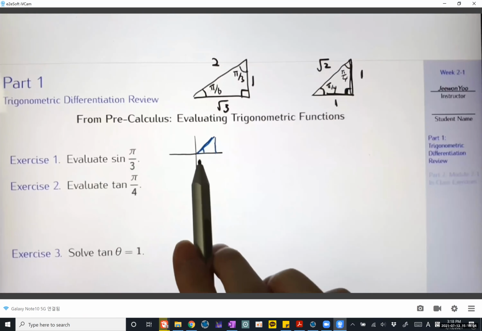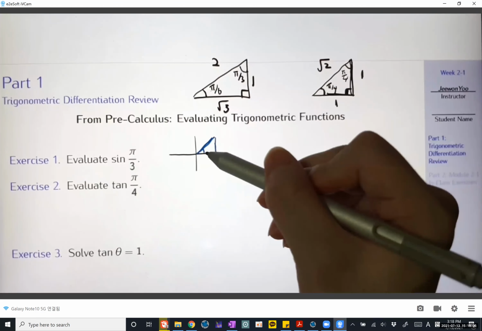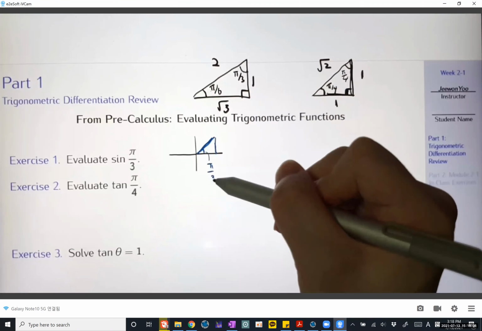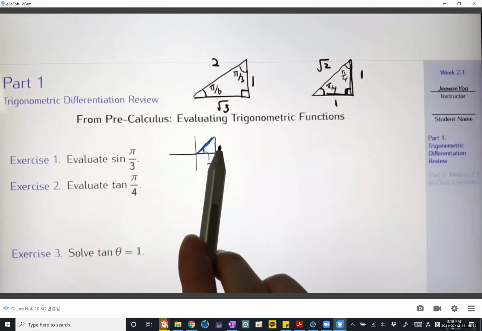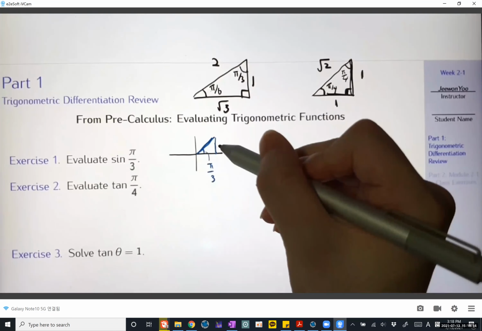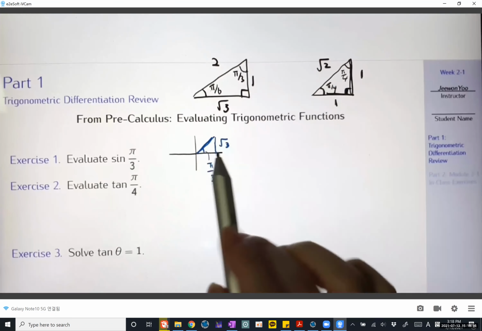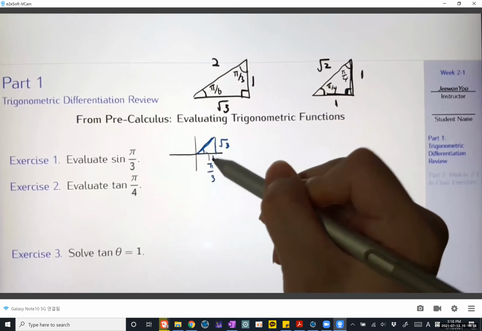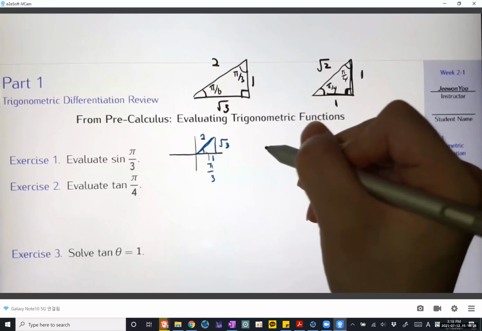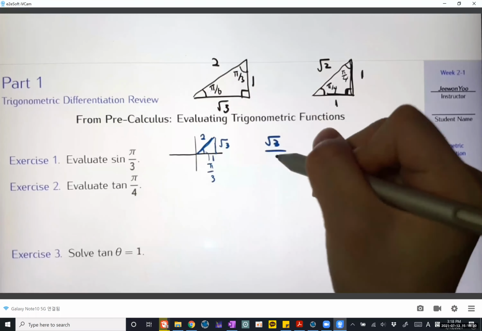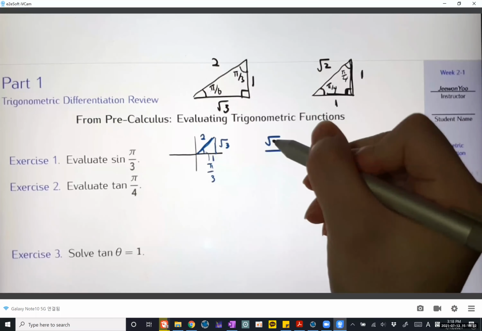If this angle is pi over 3, opposite is square root of 3, adjacent is 1, and hypotenuse is 2. Do you understand? Therefore, from SOHCAHTOA, sine of pi over 3 is opposite over hypotenuse, which means square root of 3 divided by 2.